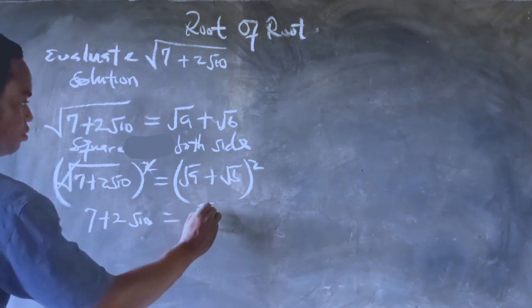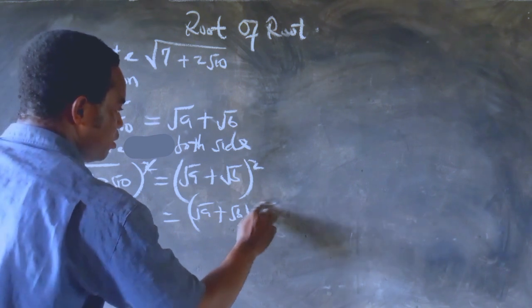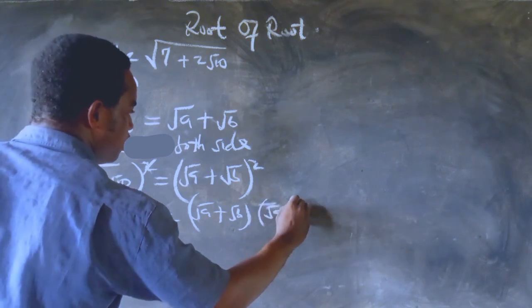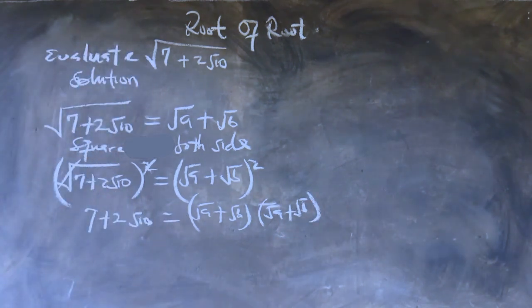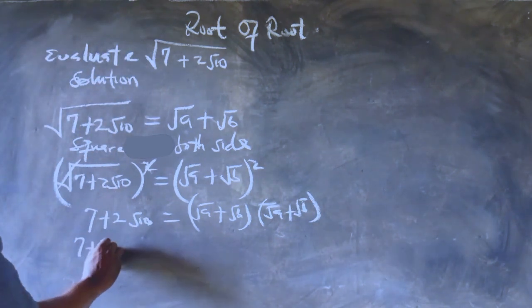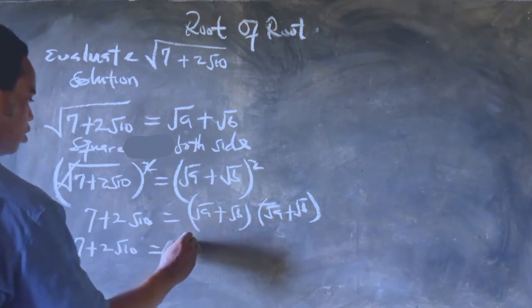And on the other side, let's go on and repeat this bracket. We don't have to do this every time, but for the sake of practice, let us just do it because some of us might need it. So we have 7 plus 2 square root of 10 equals, let's multiply that.